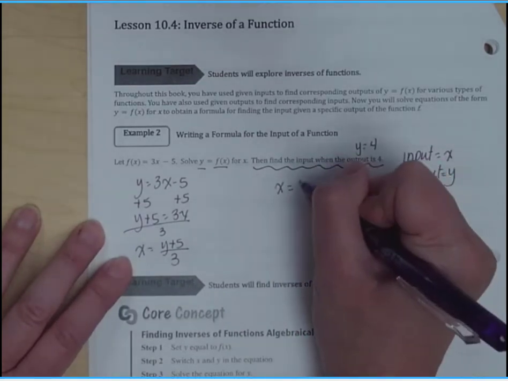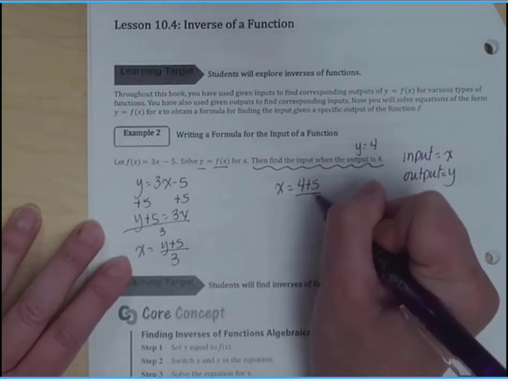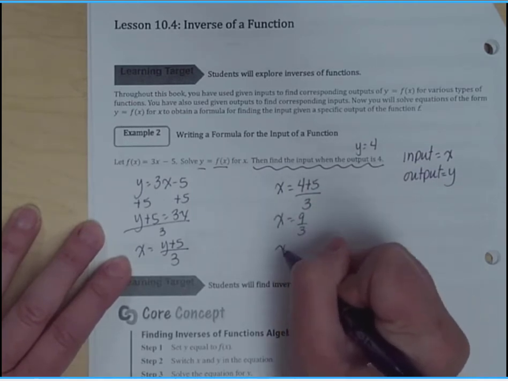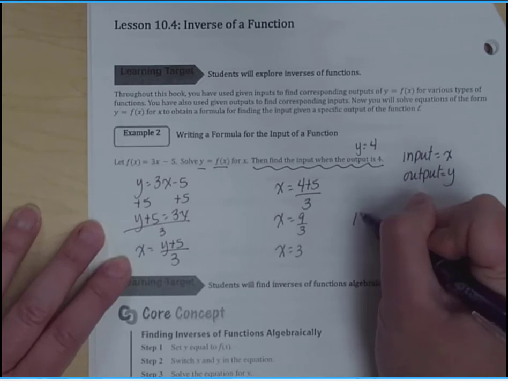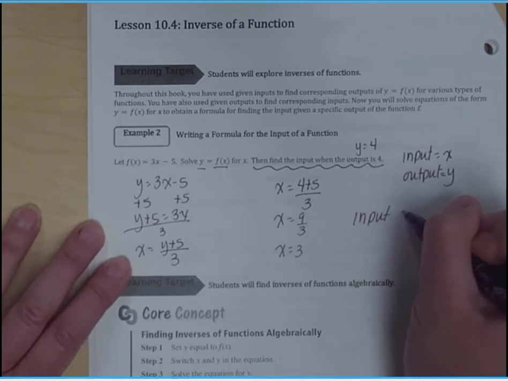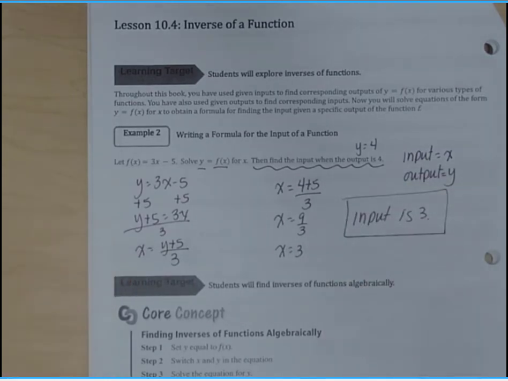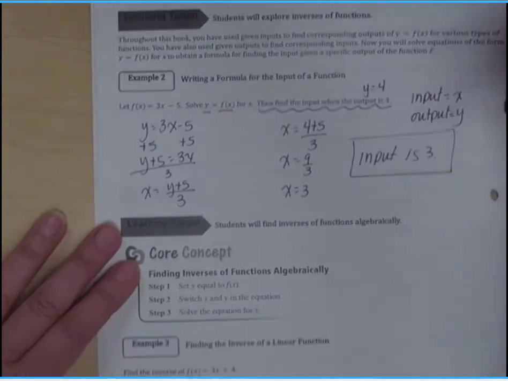So I have x equals (4 plus 7) divided by 3. So x equals 11 divided by 3. So the input here is 11/3. All right, well, let's take a look at finding the inverse of these functions.